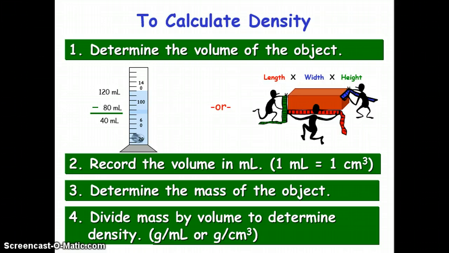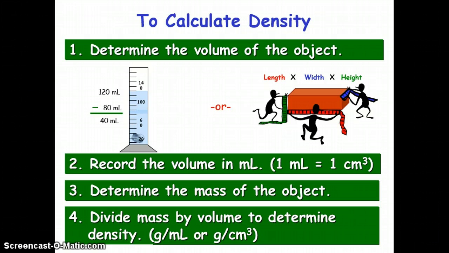Then record the volume in milliliters or in centimeters cubed. Milliliters are the same as centimeters cubed. If the object that you're trying to find the density of is a liquid, use milliliters. If it is a solid, use centimeters cubed.